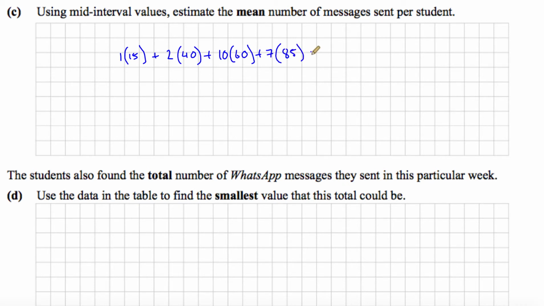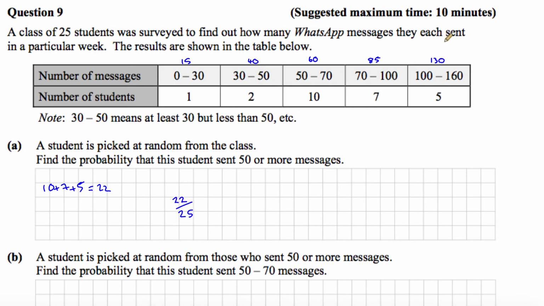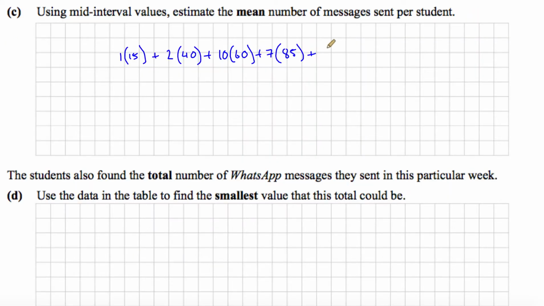And finally 5 by 130. So if we put this in the calculator, we get an answer of 1940.